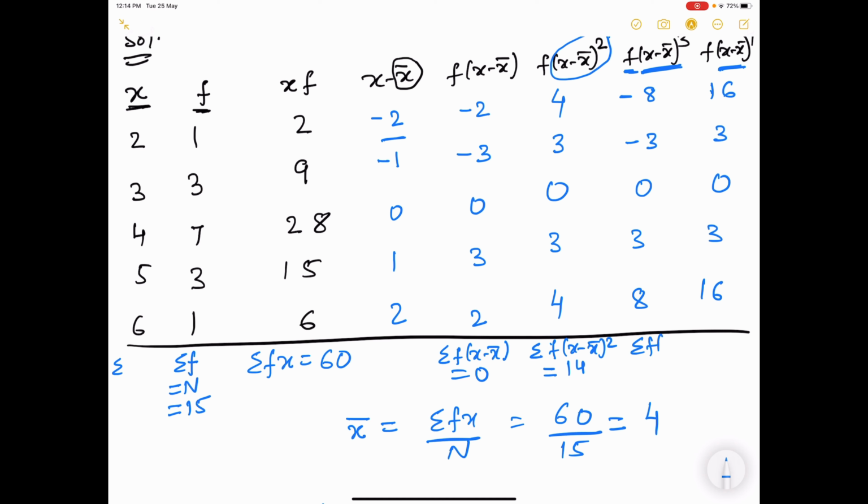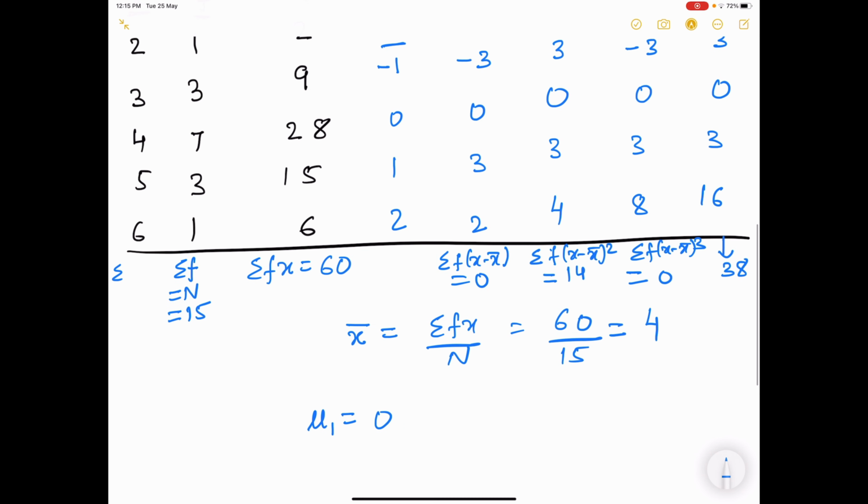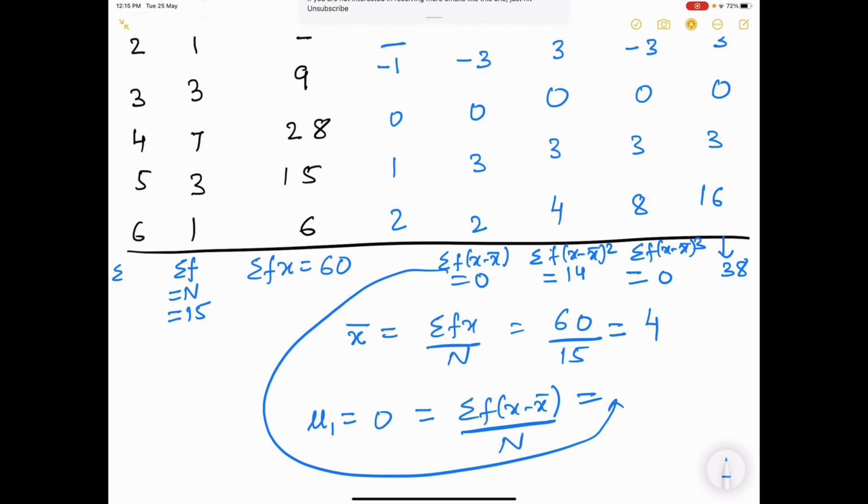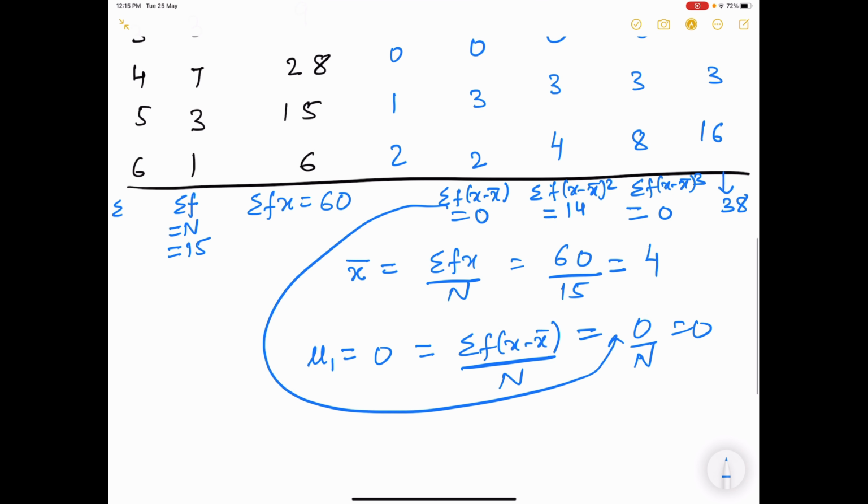What is the sigma value of f into x minus x bar cube? This is coming out to be 0 again, and the last one is coming out to be 38. What is the formula for this? It says sigma f into x minus x bar upon n. So since sigma f into x minus x bar is 0, if we put 0 upon n, this will come out to be 0. And otherwise also the first moment will come out to be 0.